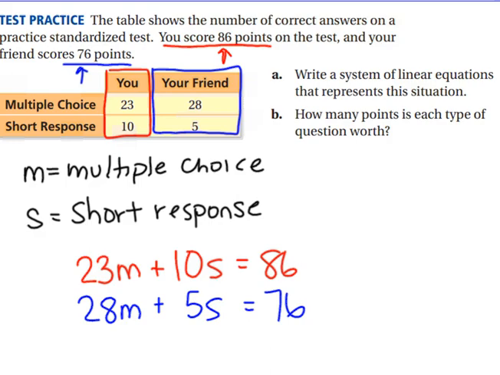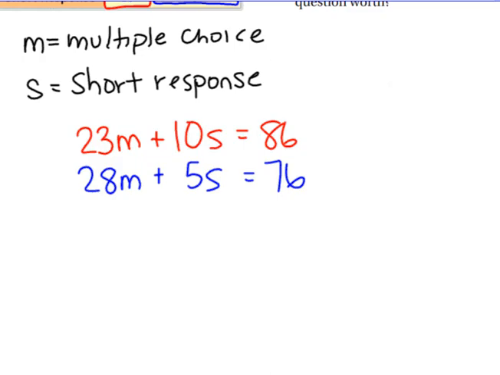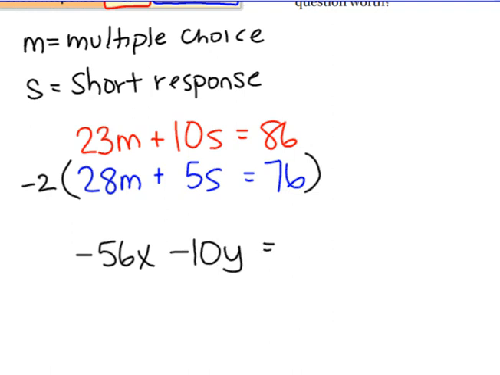Okay, we're going to have to figure out a way to get the coefficients the same. I noticed that 5 goes into 10 twice. So if I multiply everything in the second equation by -2, then that should give me some equations I can use. So that would become -56m minus 10s equals -152.